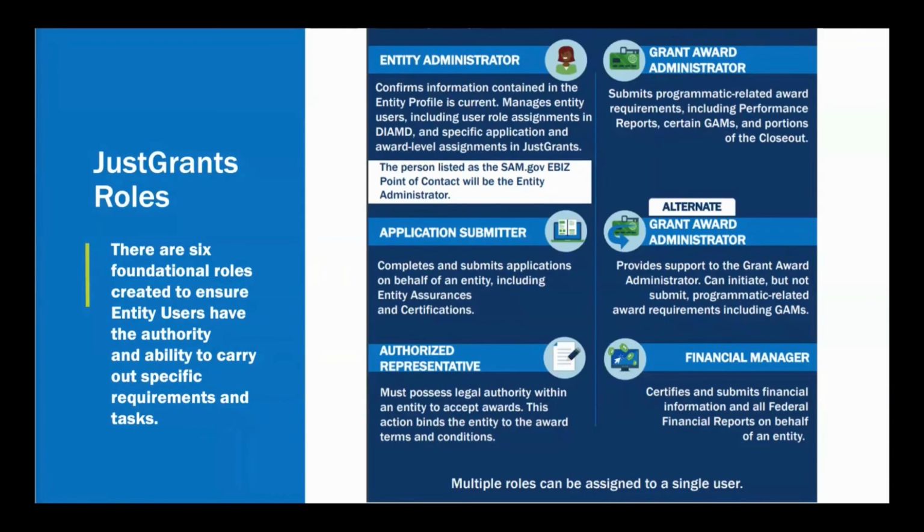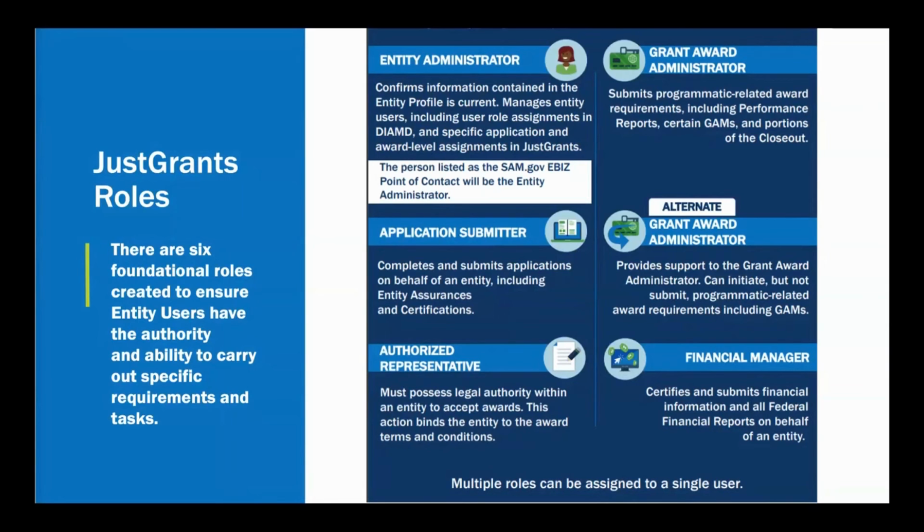It's the grant award administrator that generally handles all the programmatic requirements. And again, this does include submitting the performance reports. So the grant award administrator assigned to the award is the person that we're talking to today. That person can also initiate and submit grant award modifications, and they can initiate or process the award closeout at the end of the award.